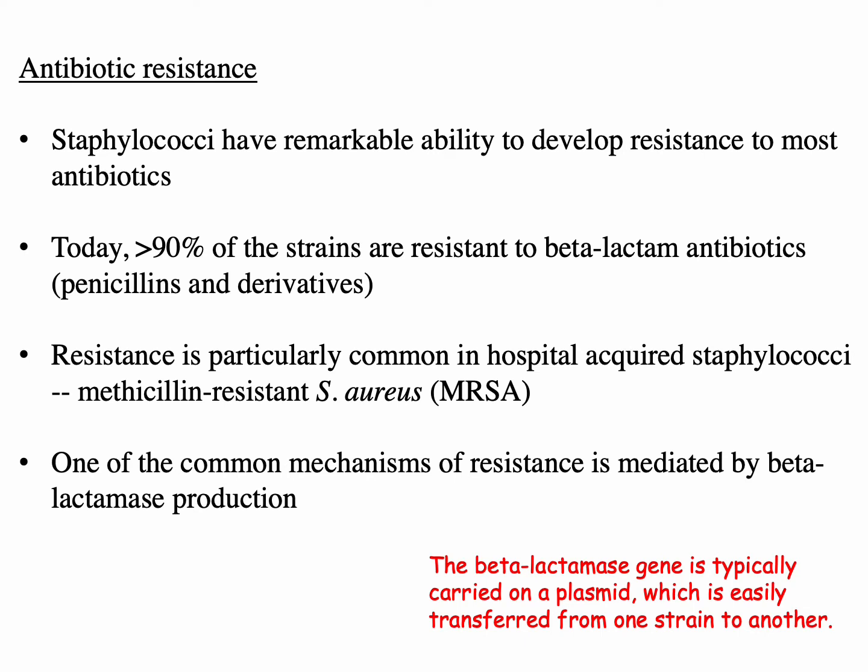Vancomycin, as you know, is an IV antibiotic, given by IV, not like methicillin or penicillin, which can be taken orally. So there's another issue about that treatment, because it requires a stay in the hospital and so on. But as you can guess, when you use something often, they start to develop resistance.